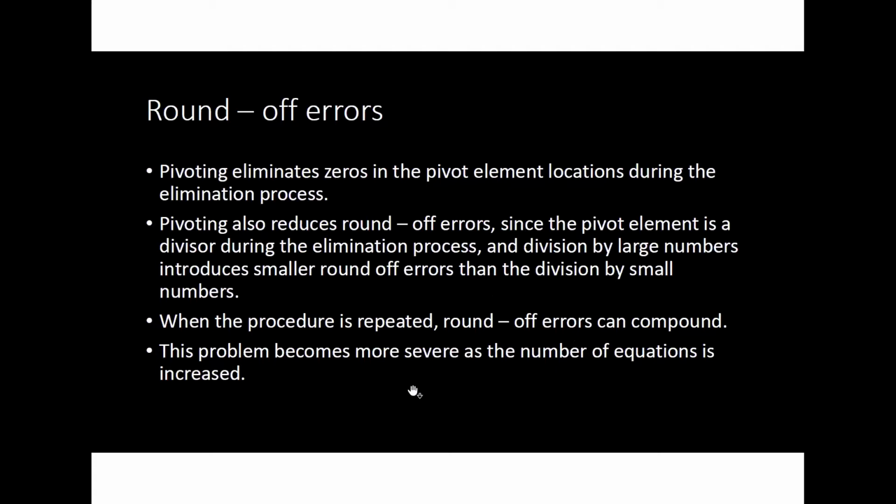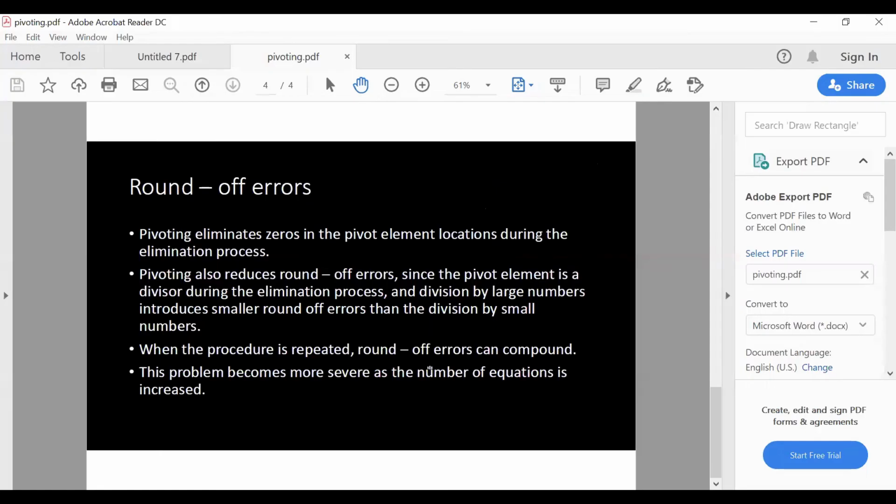This problem becomes more severe as the number of equations increases. So the main important point, the second point, is that pivoting also reduces round-off errors, since the pivot element is a divisor during the elimination process, and division by large numbers introduces smaller round-off errors than division by smaller numbers. Now we will consider one example.